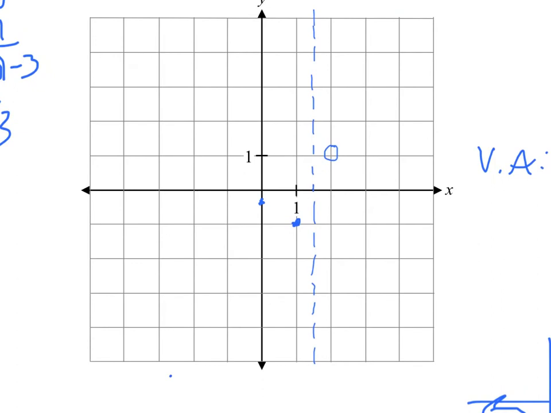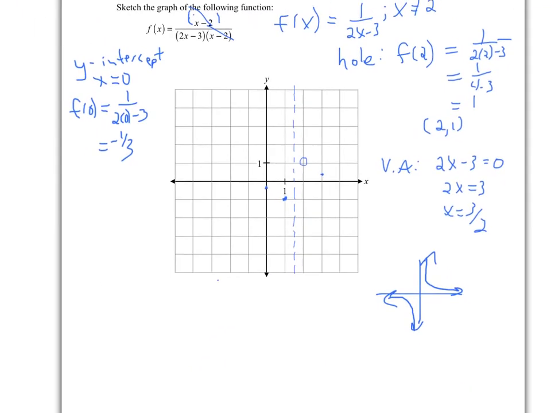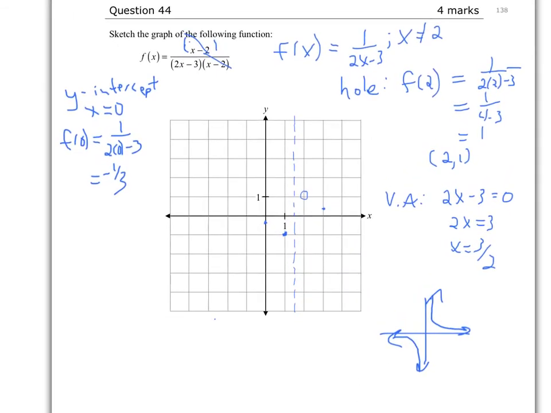Let's put that in, about a third of the way up. And there we go. This graph, much like its parent function, has a horizontal asymptote right on the x-axis. It's not shifted up or down, and we can see that by the equation.